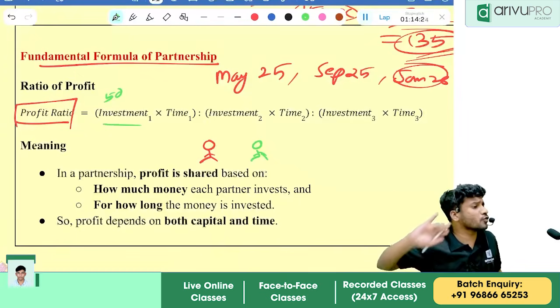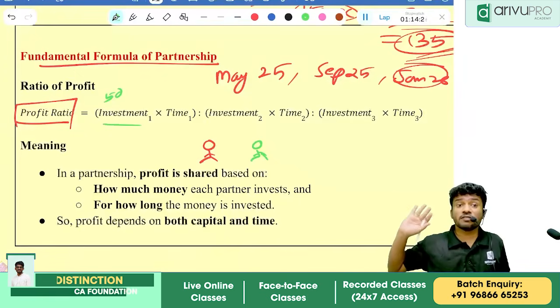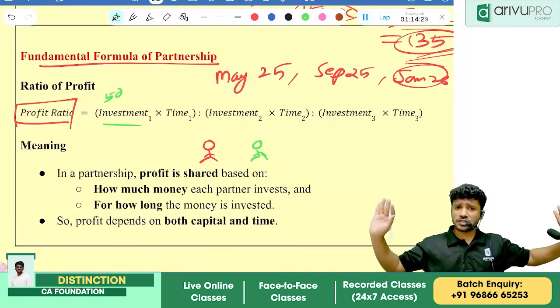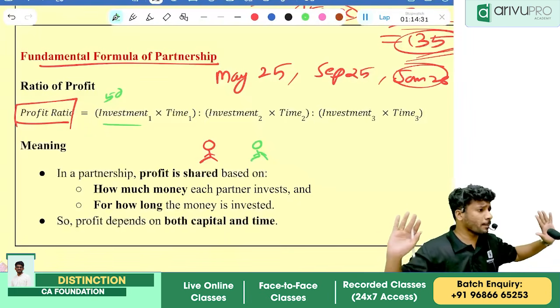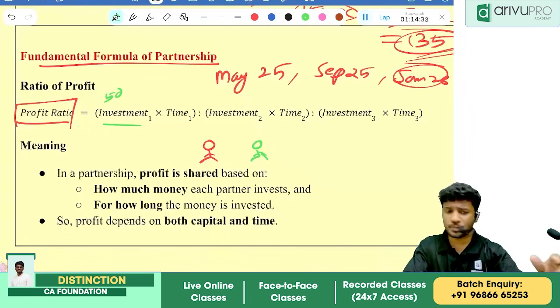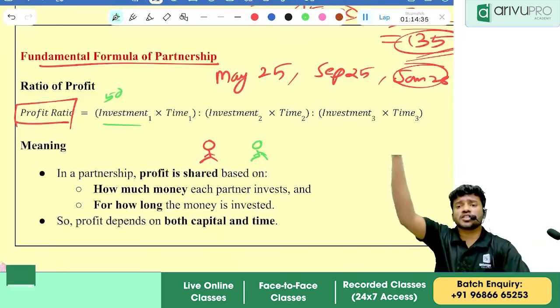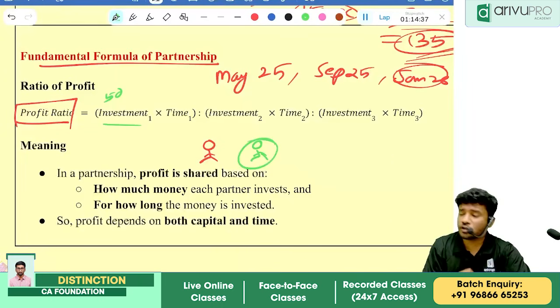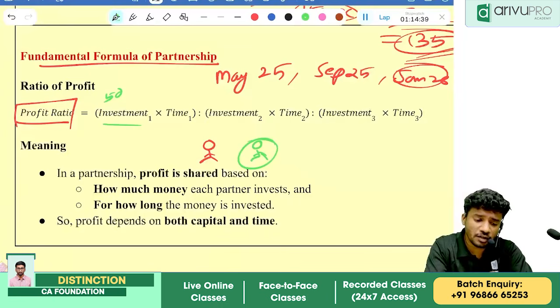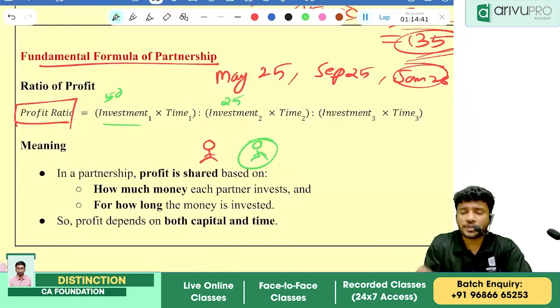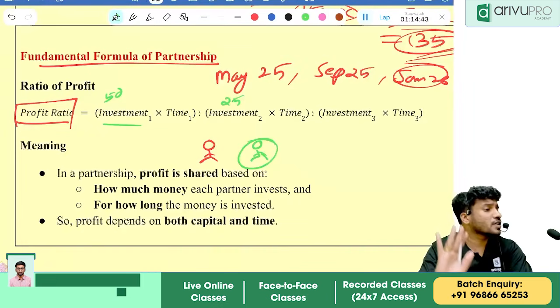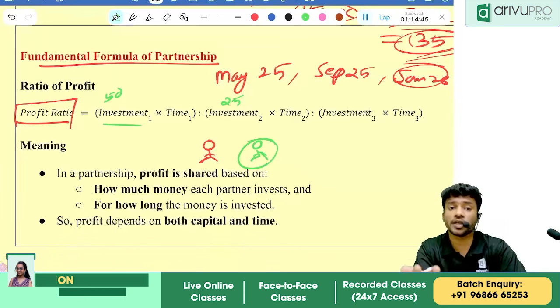Then the question will be like this: a person started a company with 50,000 rupees investment. Then after 6 months, one of his friends also joined with an investment of 25,000 rupees. What will be the profit ratio after 2 years?